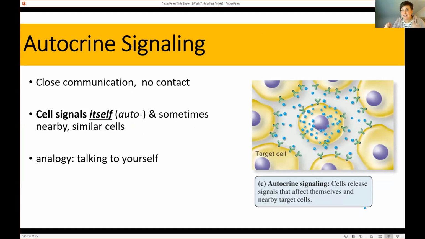What you need to remember is that anytime you hear the term auto, for example, autocrine or autobiography, think of an autobiography, when somebody writes a book about themselves, about their lives. With autocrine signaling, this is cell communication where the cell is communicating with itself. So this may seem weird, like why would a cell do this?